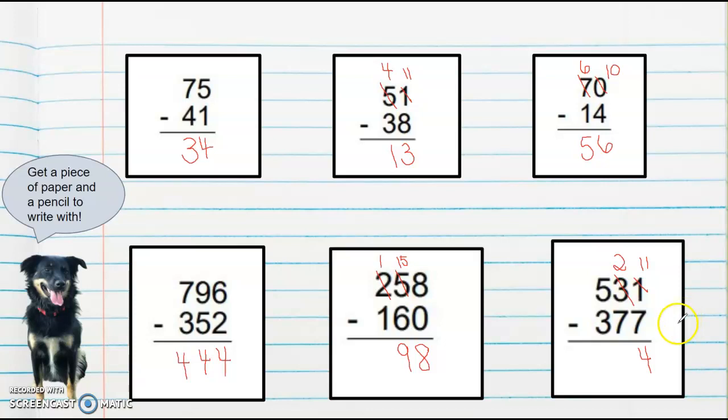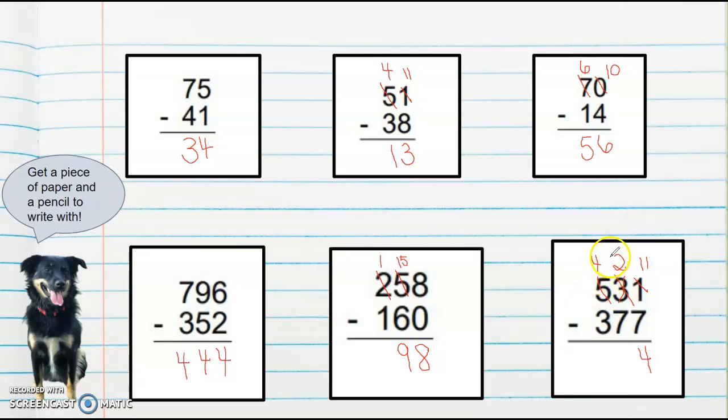Okay, this is where this gets a little tricky. So now I have 2 minus 7. My 3 does not exist anymore. That does not go back to a 3. It's a 2. I cannot do 2 minus 7 because 2 is smaller than 7. So I have to borrow again. So when I borrow from the 5, it turns into a 4.